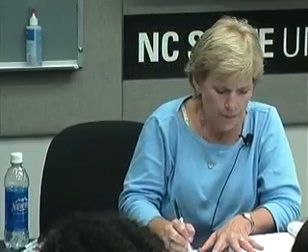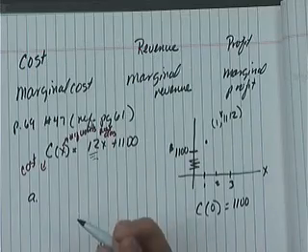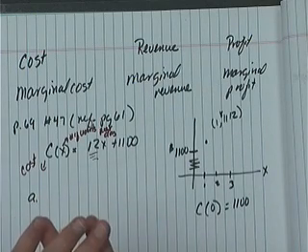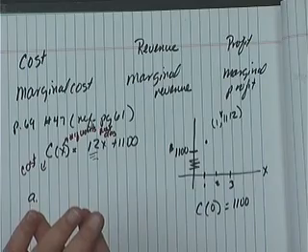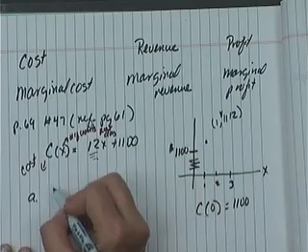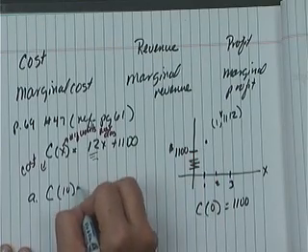All right, Part A. Part A says, what is the total cost if the production is set at 10 units per day? That's a slow business. Maybe they're only going to work 15 minutes. All right, so you're only going to make 10 units. So how do you find the cost when you produce 10 units in a day? Yeah, C at 10.